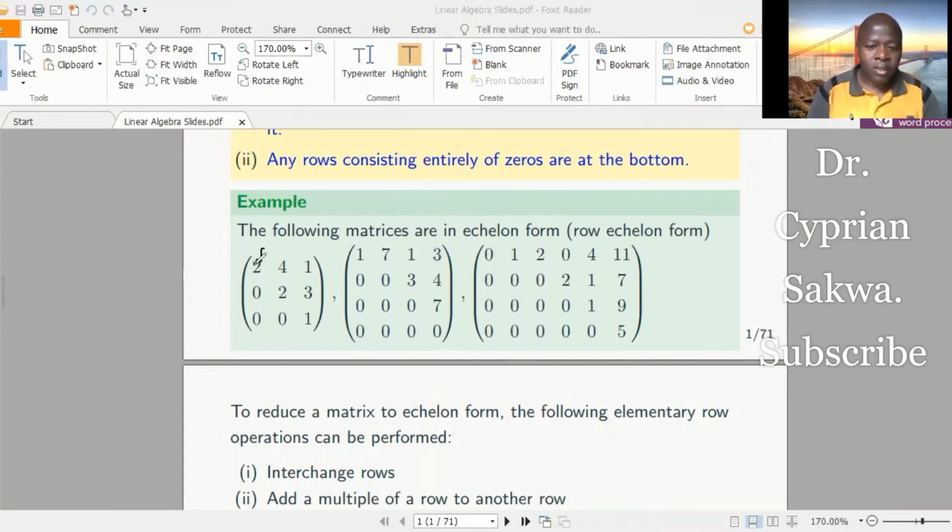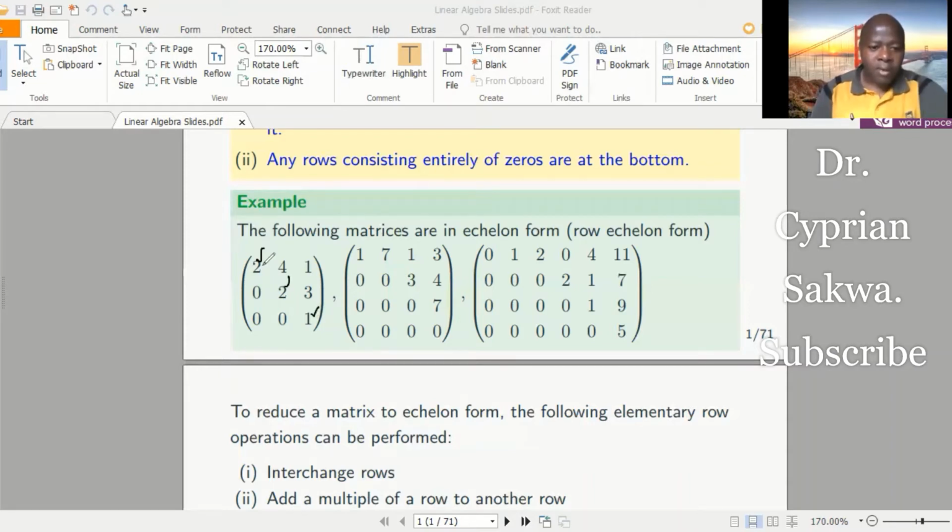So we call this the leading element in this row, leading element 2. This is also a non-zero row, and the first non-zero element is 2. So it's the leading entry in this row. This is another non-zero row, and the first non-zero element in this row is a 1. So we call it the leading 1.